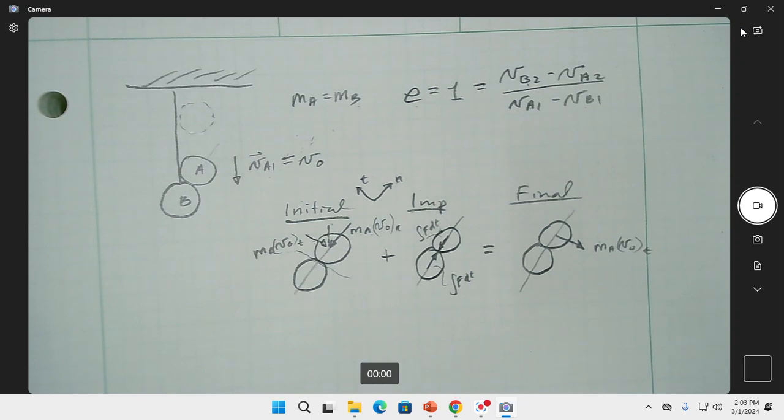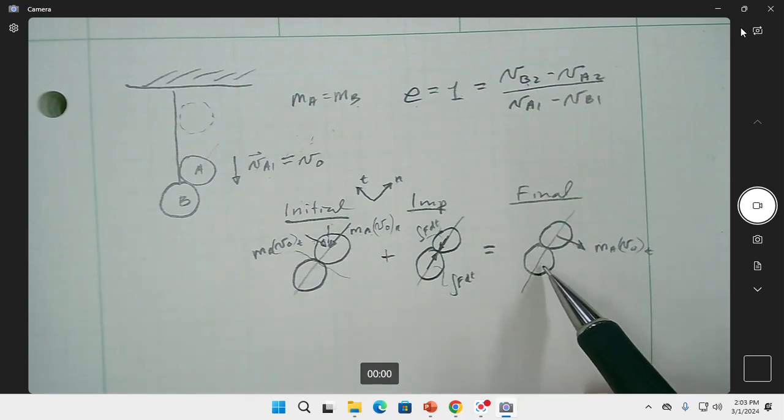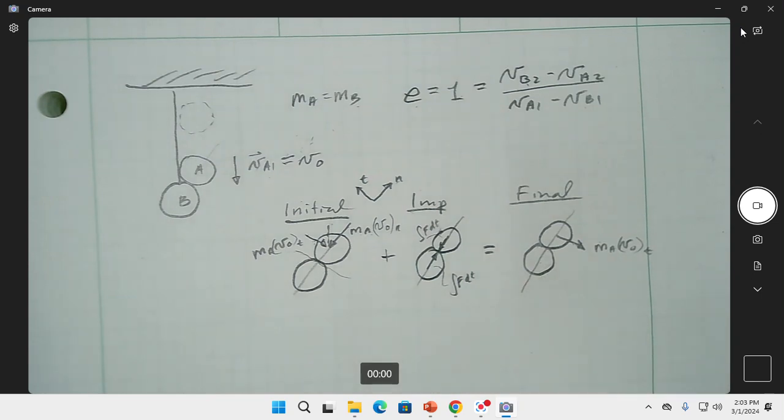So that could happen. So what I instead do is I predict, even though I know it might not be true, that both things will move in the positive direction. Like there's no way this guy right here is moving in the positive normal direction. But I'm going to pick it anyway, and I'm hoping I get a negative number when I'm done. That'll tell me I was wrong.